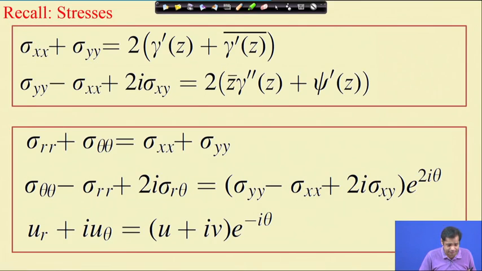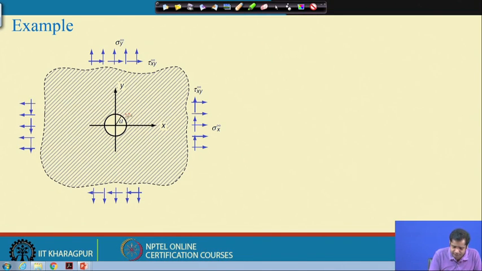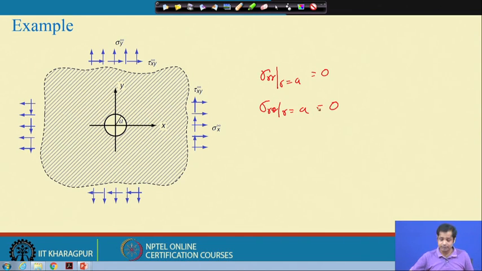Now, you see in this problem, at this boundary, what is the condition we have? Sigma rr plus sigma r theta at r equal to a is equal to 0, and sigma rr and sigma r theta at r equal to a is also equal to 0.